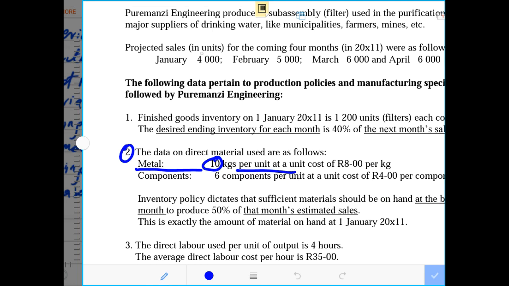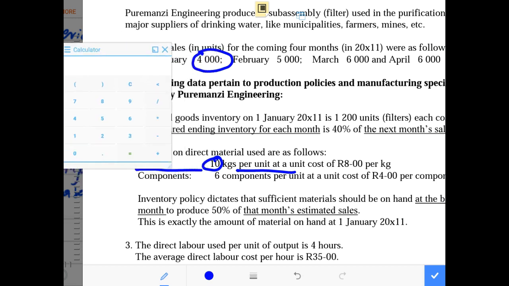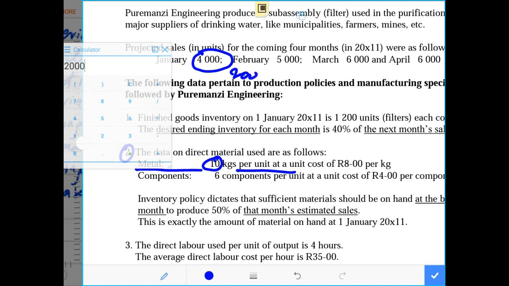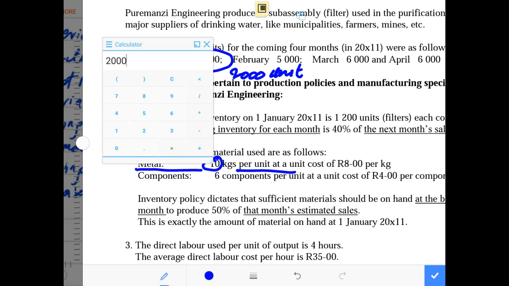We know that in January we have 4,000, and 50% of that will be the opening material. Therefore we say 4,000 times 50%, that will give us 2,000 units that are complete. How many kgs of material will be 2,000 units? Because 2,000 units are already complete, we have to multiply that by 10.